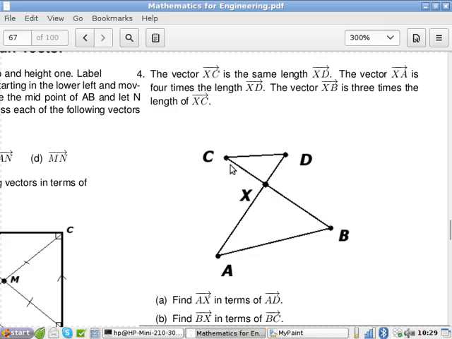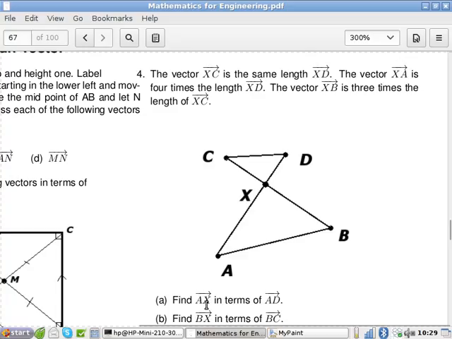The vector XA is 4 times the length of XD, and the vector XB is 3 times bigger than XC. I know it doesn't look like it.